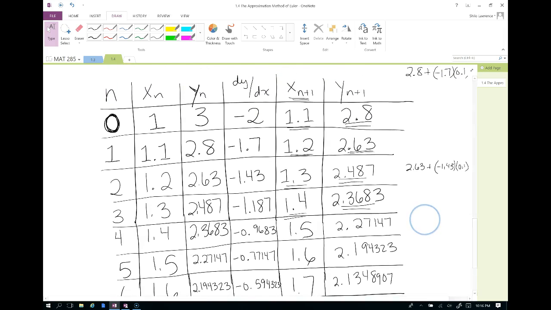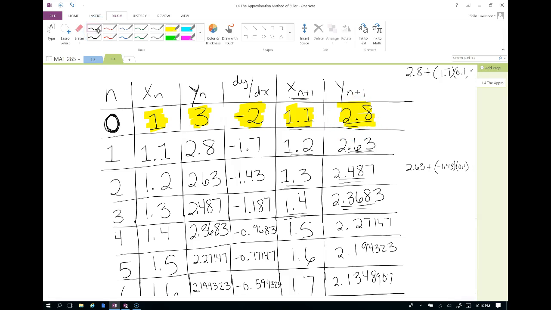Again, we were given the very first x value and y value, and we were given a formula on how to find dy dx. To find x sub n plus 1, we're just adding the h, but to find y sub n plus 1, we've got a formula.